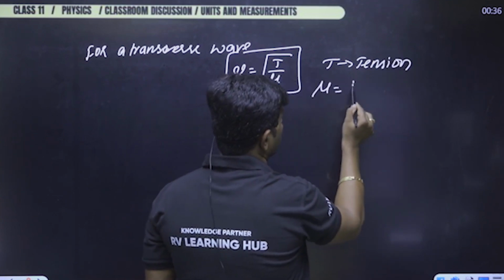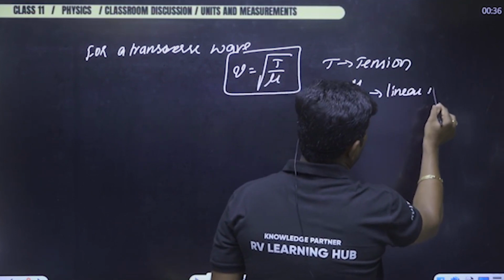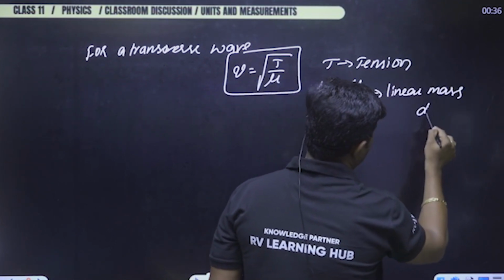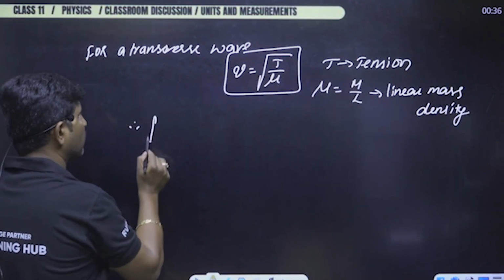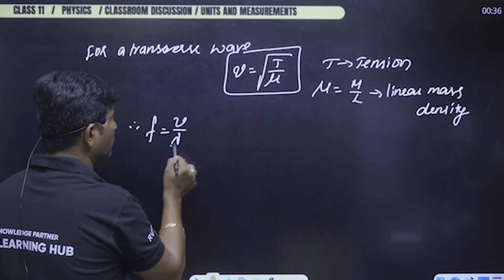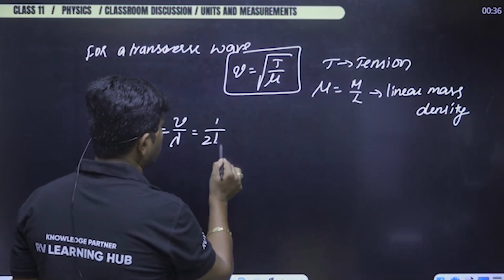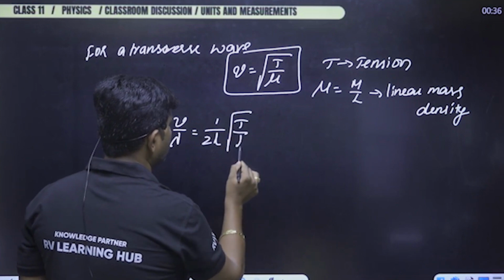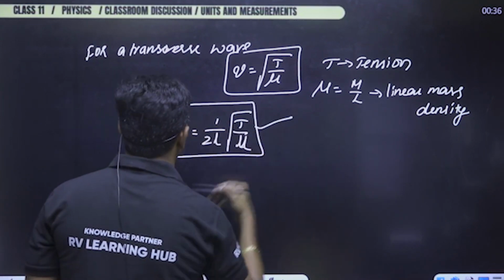And mu is nothing but mass per unit length, that is linear mass density. Therefore we can say that frequency is equal to v by lambda. And if you do simplification, we can prove it is equal to 1 by 2l into root of T by mu. So we can say it is correct.